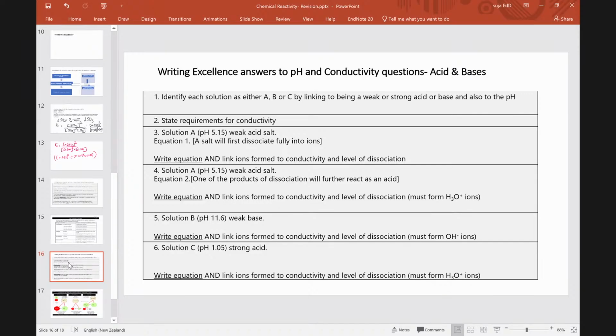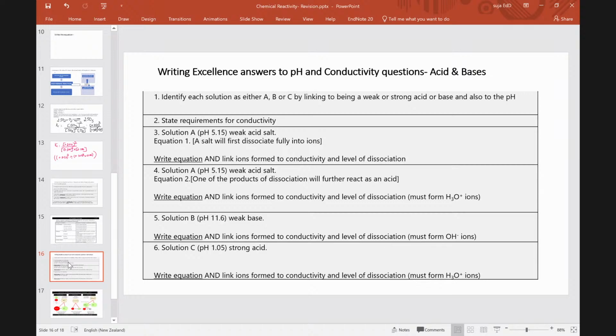If it's a strong acid, it easily donates a proton. That is by definition what the pH is. We also know that acids and bases always react to give you a salt and water, and that is the neutralization reaction which you have learned.